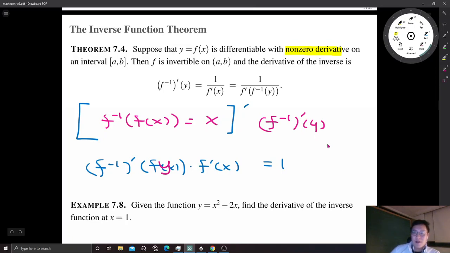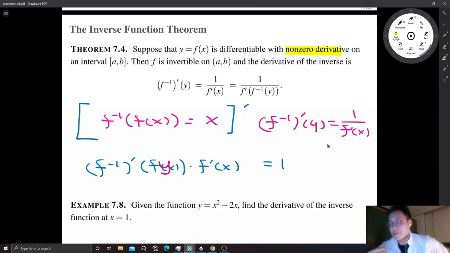That is 1 over f prime. Yeah? So it tells us the derivative of the inverse is the reciprocal of the original derivative. Okay? The inverse derivative is the reciprocal of the derivative of the original function.